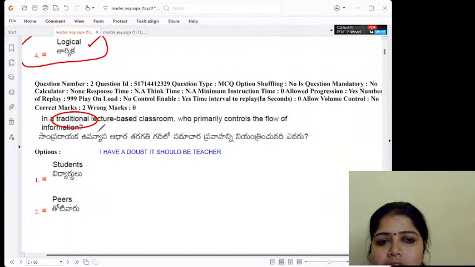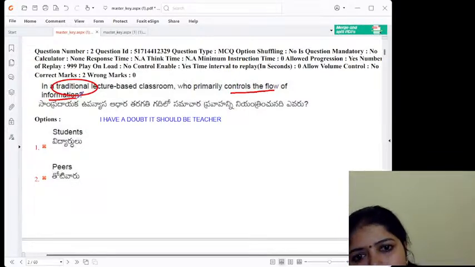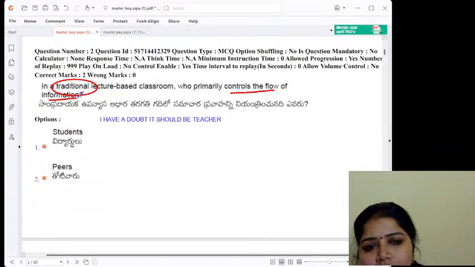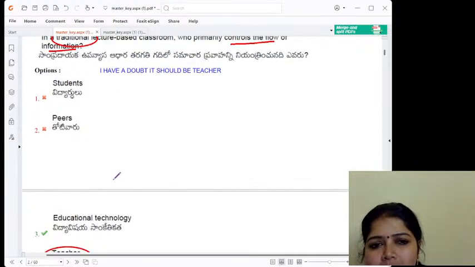Next question: in a traditional lecture based classroom, who primarily controls the flow of information? They have given educational technology as the answer, but I doubt.